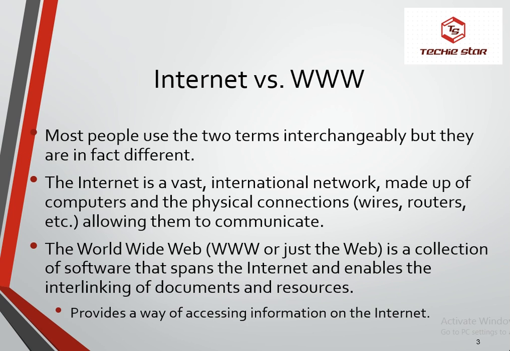So what is the internet and the World Wide Web? Most of the time we use these terms interchangeably. We refer to the internet as the World Wide Web and the World Wide Web as the internet, but they are not the same. They have different meanings. The internet is a vast international network made up of physically connected computers, with wires, routers, etc., and they communicate with each other.